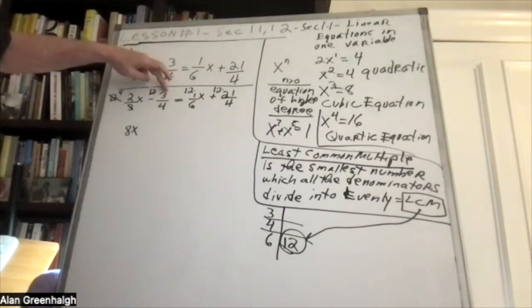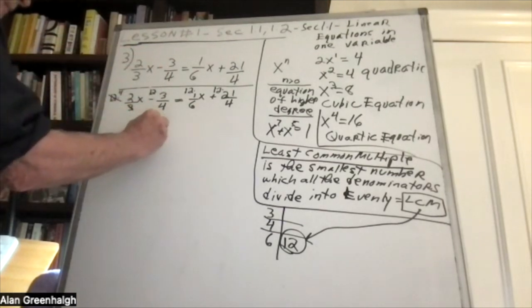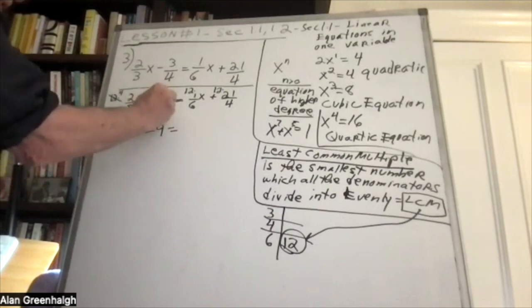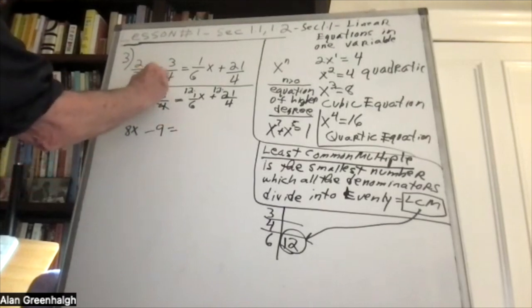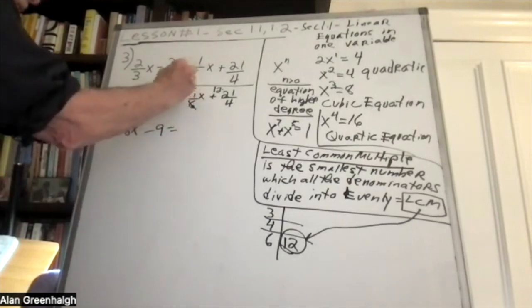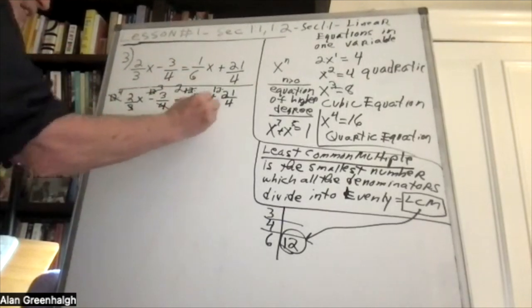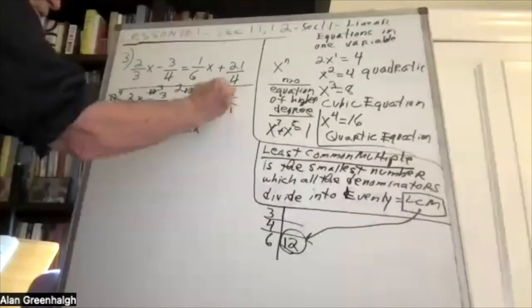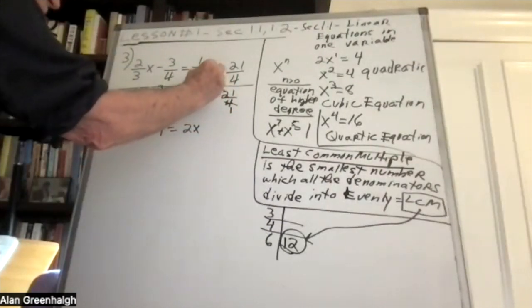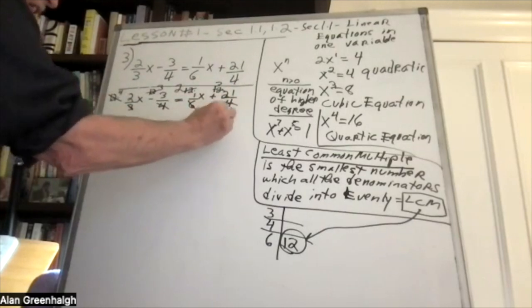12 times 3 is 36, divided by 4 is 9. Or you could have gone 4 into 12 is 3, 3 times 3 is 9. 6 into 12 is 2, 2 times 1x is 2x. 4 into 4 is 1, 4 into 12 is 3. 3 times 21 is 63.